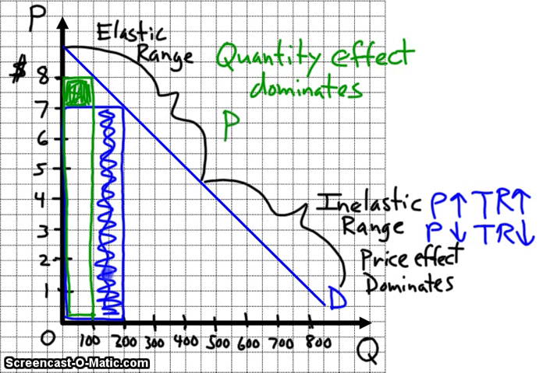So when we increase the price, as we just saw here, total revenue is going to decrease, and if the price had been lowered, total revenue would have actually increased. Now total revenue changes in the opposite direction of our price change, since the quantity effect takes over and dominates.